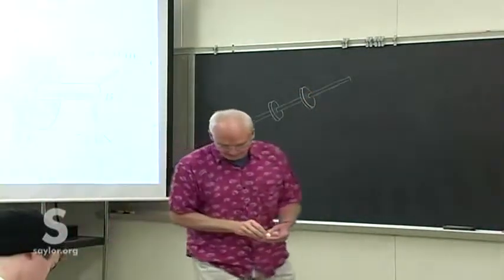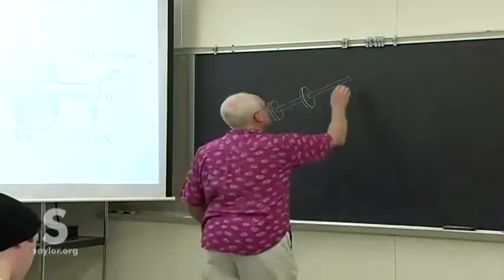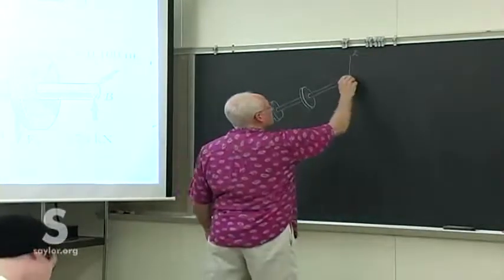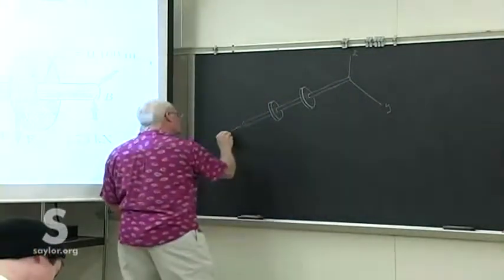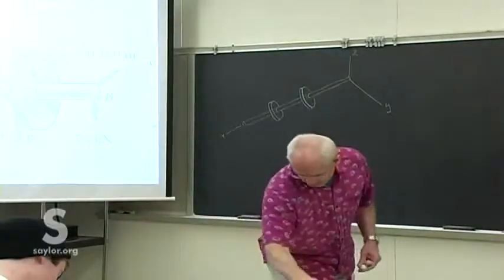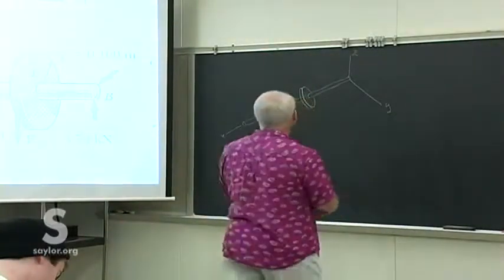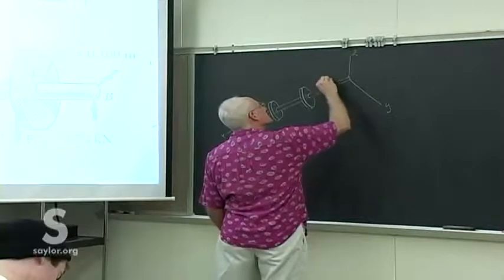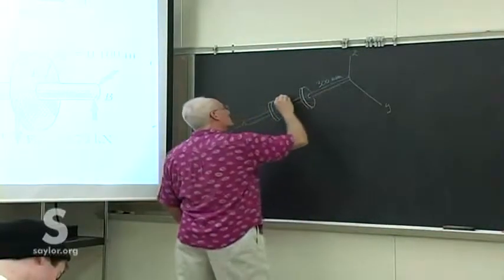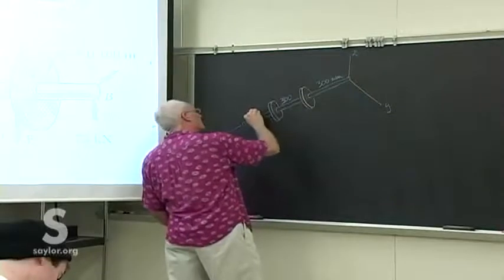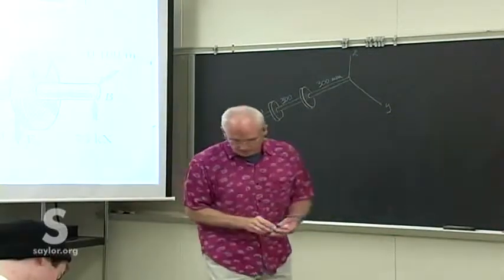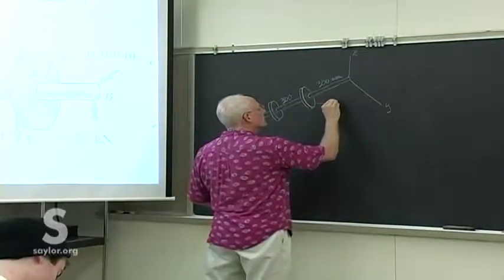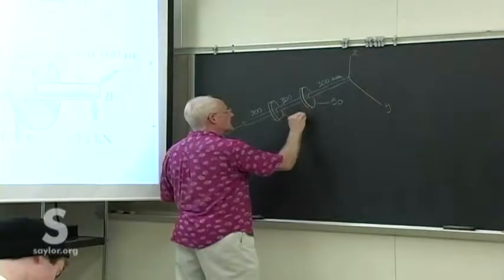We'll put a direction on this: Z, Y, and X. Okay, 300mm between each of the major points here. So all dimensions in millimeters, 50mm gears, both, in radius.